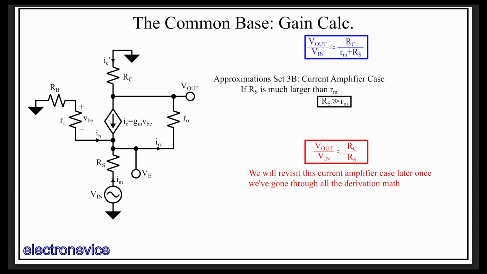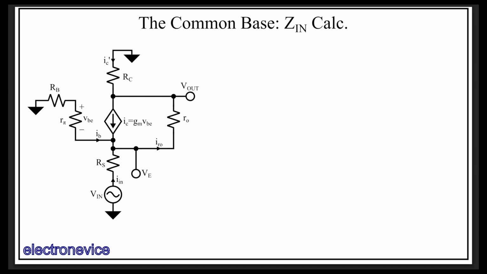Now that we've derived the gain equation, let's move on to the input impedance derivation. To get input impedance, we must find Vin over In. Since in this setup we're setting our input voltage to the value Vin, so to speak, we can calculate input impedance simply by finding an expression for In in terms of Vin and known values.